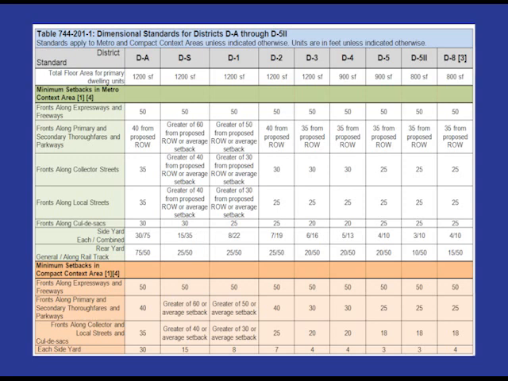That's a key provision, and that's a key difference. One final point I want to make about these dimensional standards that you see in Table 744-201-1, and that is there are certain exceptions to these requirements.